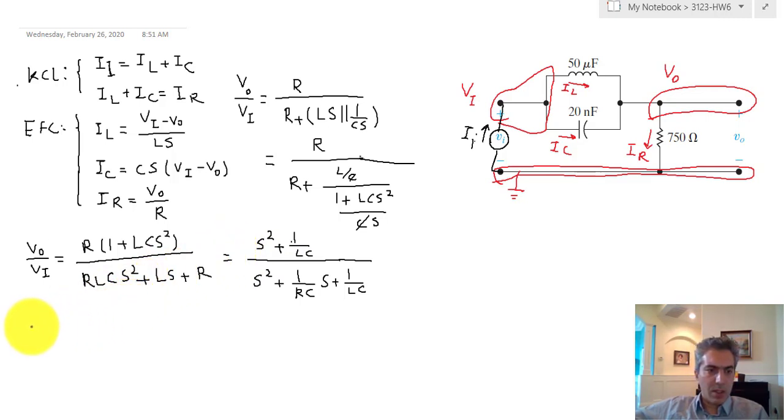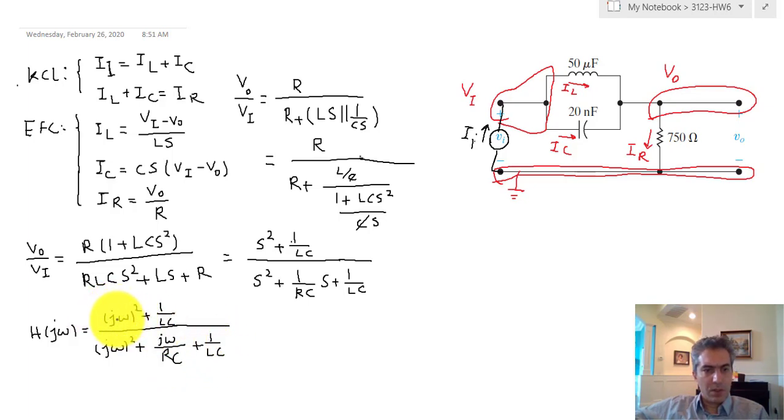So I'm going to evaluate H(jω) at this point, which would be (jω)² plus 1 over LC over (jω)² plus jω over RC plus 1 over LC.